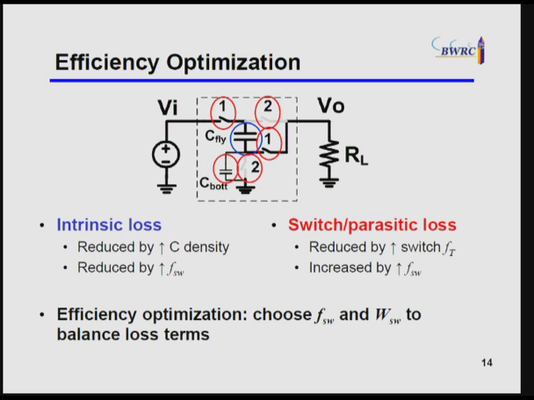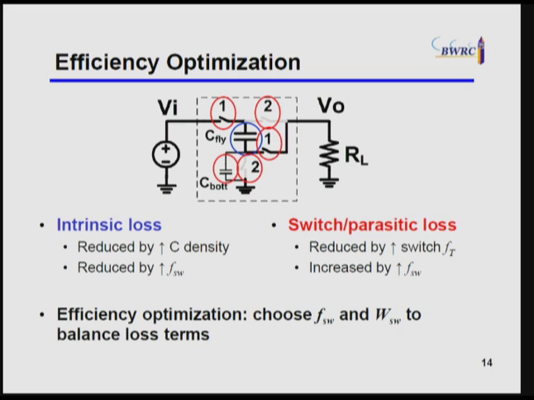On the other hand, if you think about the switches, of course, if I have better technology, things will just get better there. But if I increase the switching frequency, then all of those losses will go up, right? Because if you think about the CV²F, it's the exact same thing for the switches. Indeed, if you switch faster, then the switch losses will go up.